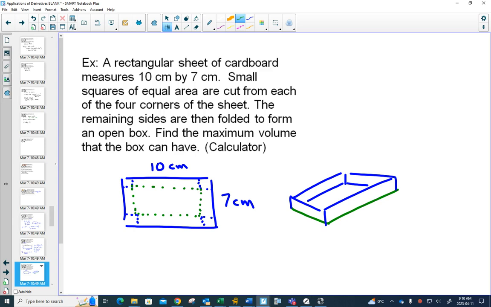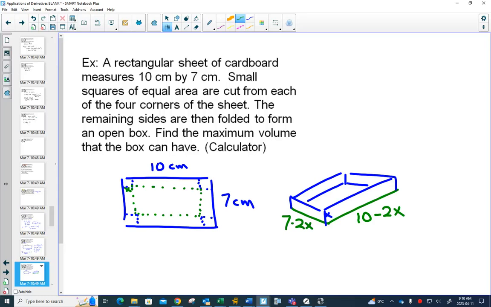So what we do in a question like this is we say, well, we don't know how big those squares are that we're going to cut out, so we're going to introduce a variable and say that those squares are x, which would make this side now 10 minus 2 of those squares, and this side 7 minus 2 of those squares, and the height x.